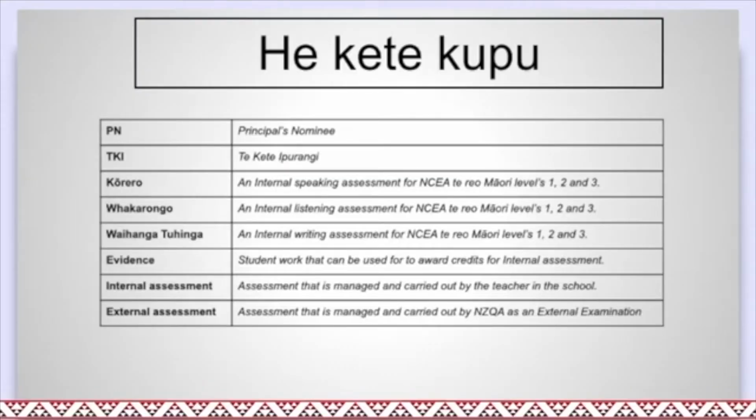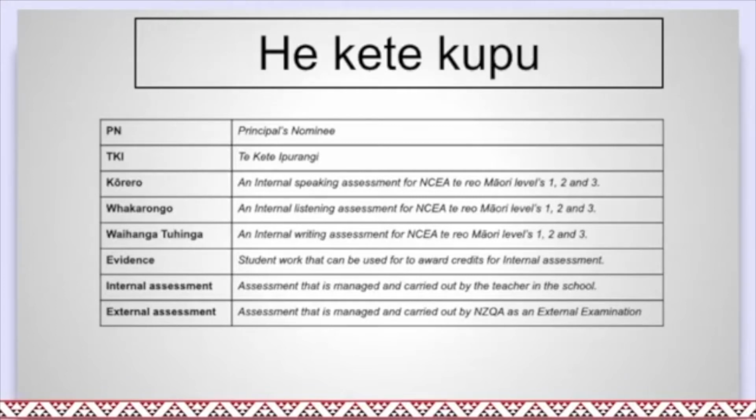This is just a list of kupu that we're going to refer to throughout this hui. I realise that everyone probably knows what these are, but in some of our examples we say things like waihanga or kōrero, and just so that we all know what we're talking about, even though we do. So: PN, principal's nominee, tikanga, te kete purangi, kōrero, whakarongo, waihanga, tuhinga.